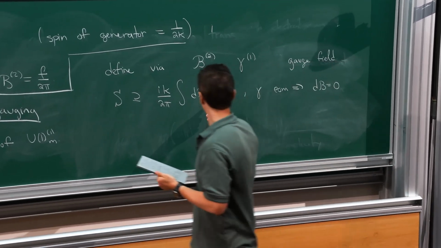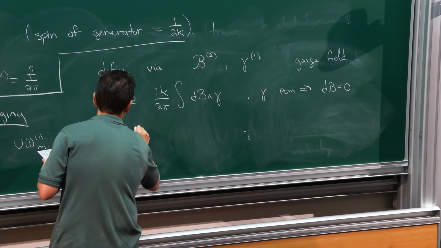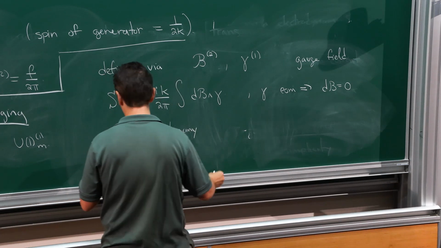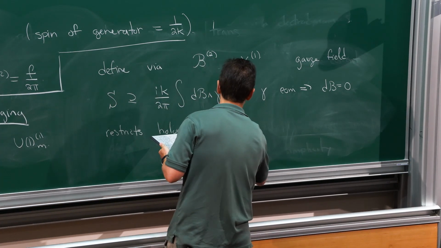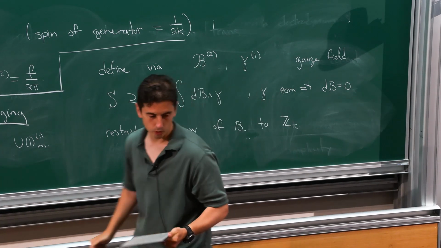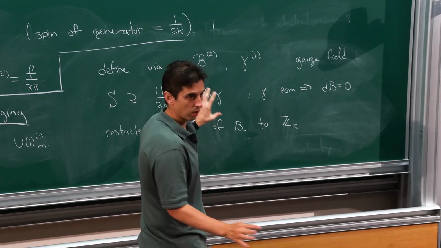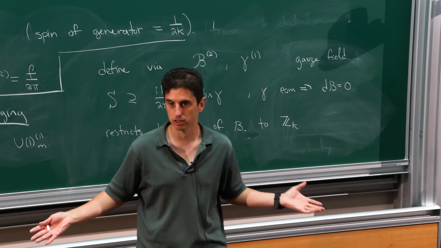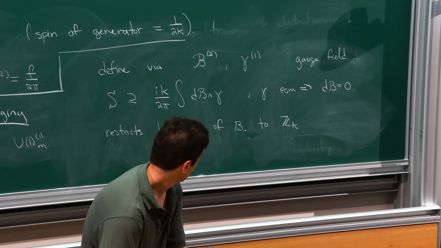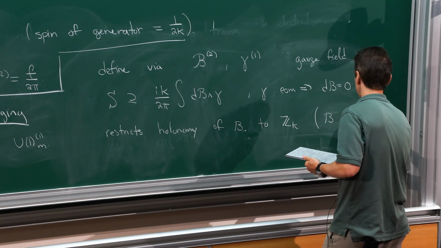And also, if I sum over the fluxes of gamma, it restricts the holonomy of beta to Z_k. So the point of writing this simple action is that it's a way using U(1) gauge fields to realize discrete gauge theory. So you get your hands on it fast. So in other words, beta is a Z_k gauge field.